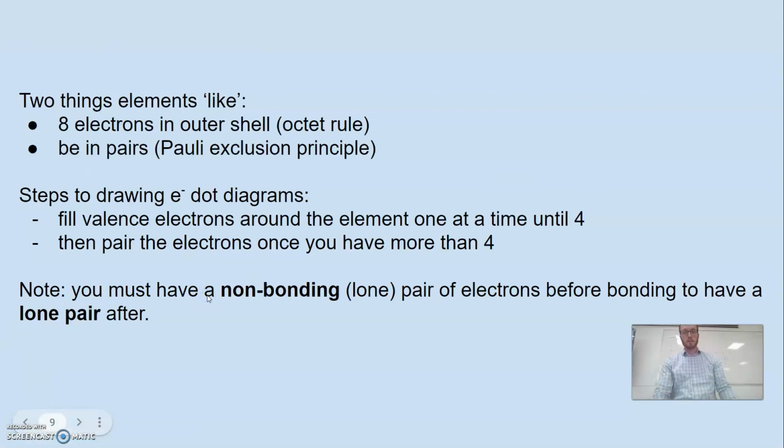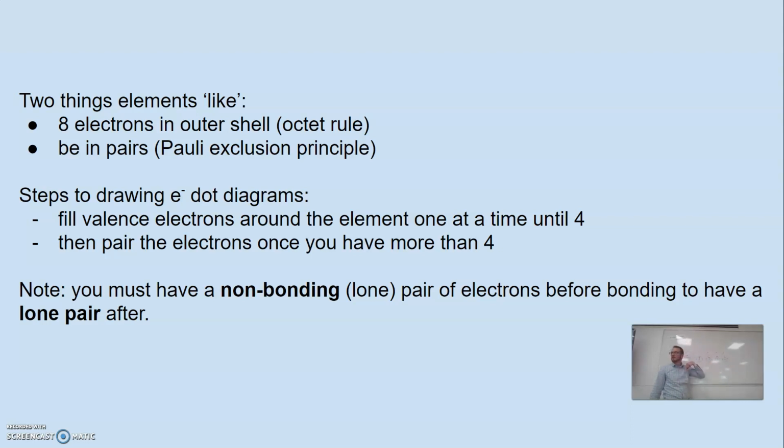Okay, let's continue. So 2 things that electrons like. We want 8 electrons in the outer shell, and they want to be in pairs, right? So we've talked about that before. Steps to drawing electron dot diagrams. We want to fill the valence electrons up until we get 4, right? And then we start to pair up, but we want to pair up and continue in the same direction, right? So notice how in oxygen I've got a pair here and a pair here rather than a pair up and down.